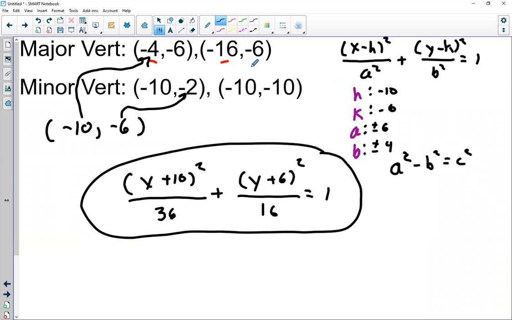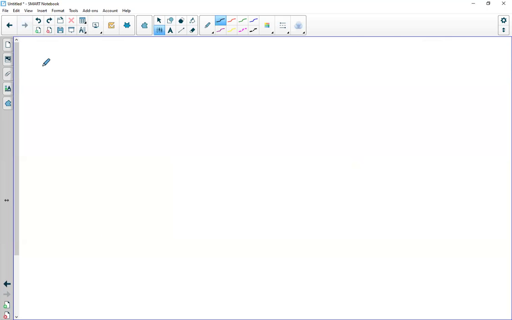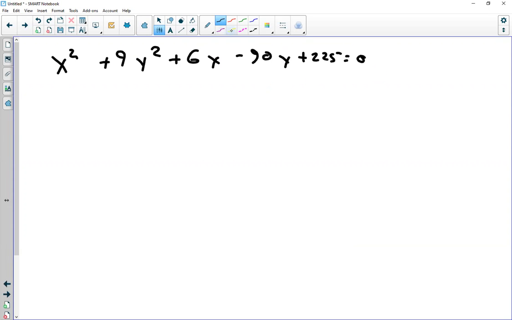X squared plus 9y squared plus 6x minus 90y plus 225 equals 0. All right, I'm gonna do it quickly. Rewrite everything so the x's and y's are together. Equals -225. Then factor out what's in front of the squared term. Here, you don't need to factor out anything, but here I would need to factor out 9.